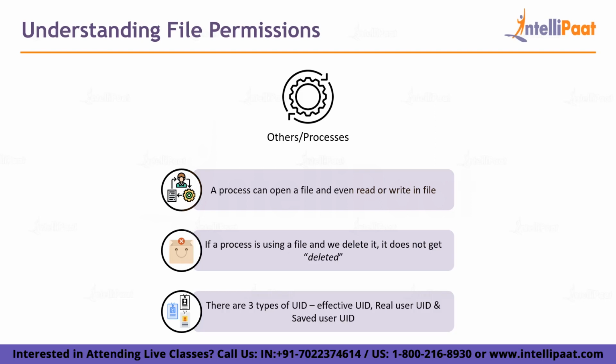An effective UID and a real user UID are basically the same once you log into the system, because Intellipaat, the user which I created, and the root are the same person, and the UID will be the same because I'm logged into the same system and I'm using both the super user privileges and the normal user privileges.